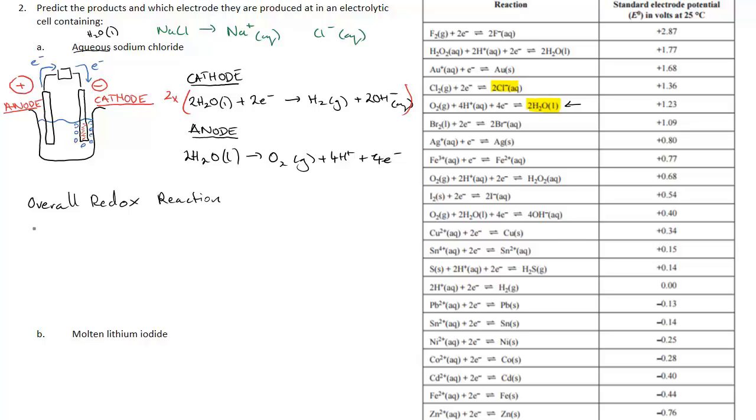And so we've got 4 water liquids plus 4 electrons forms 2 hydrogen gas molecules, 2 OH minuses, and then we've also got the anode equation, which is just going to be 2 waters.